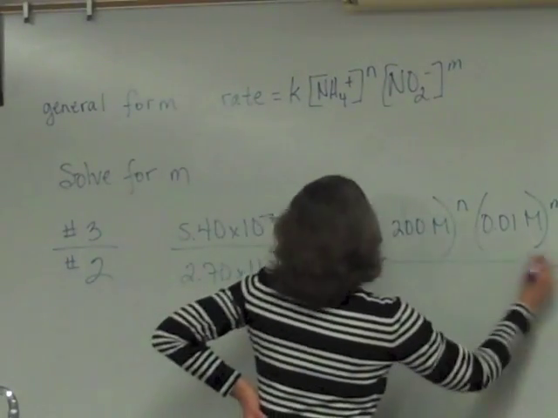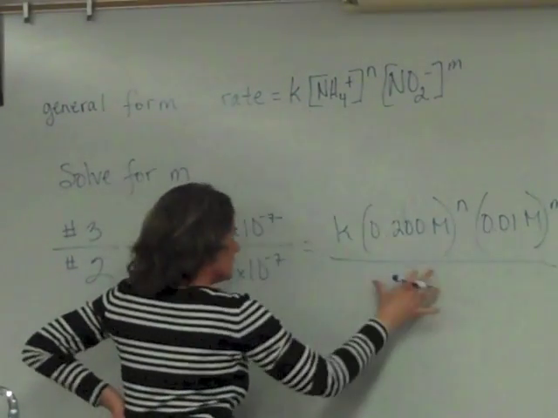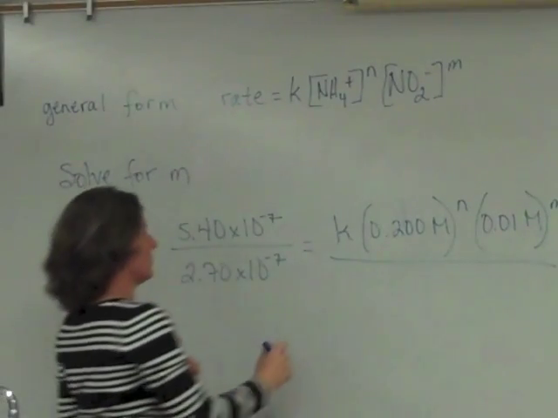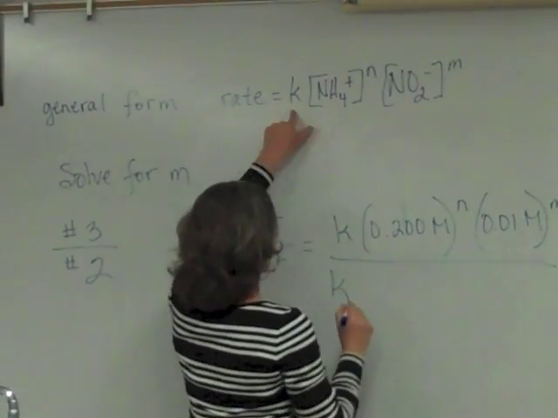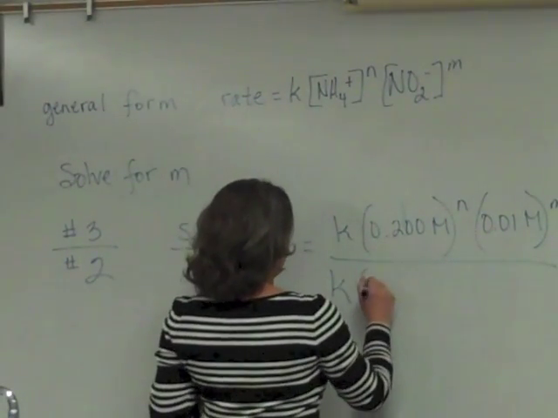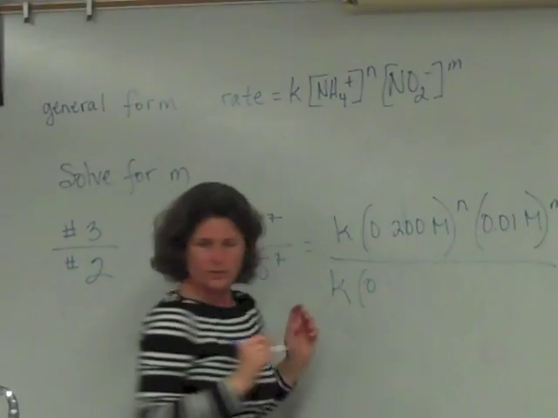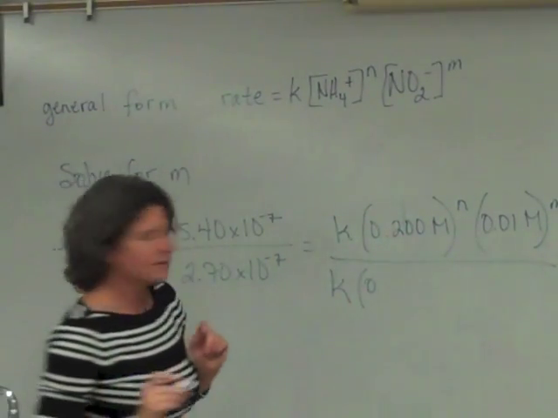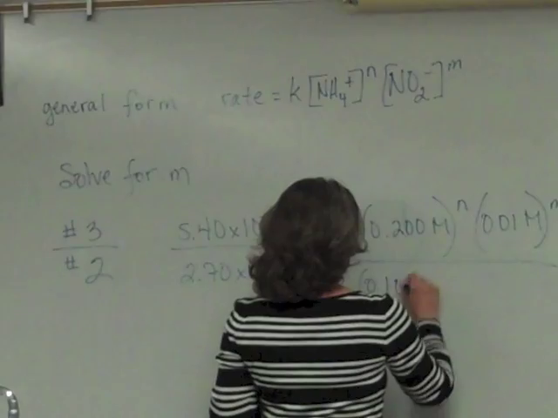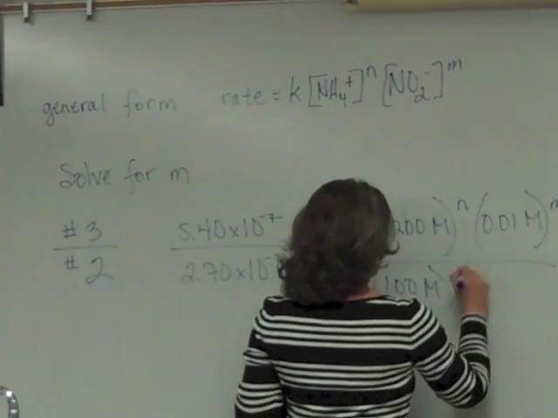All right. And now we're going to bring it down for experiment number 2. So k, we still don't know what it is, and it is 0.100 molar to the nth.